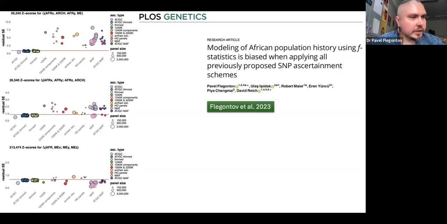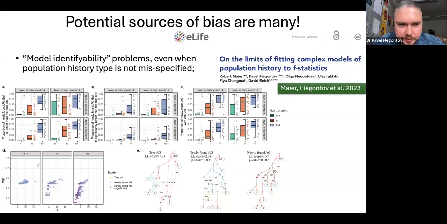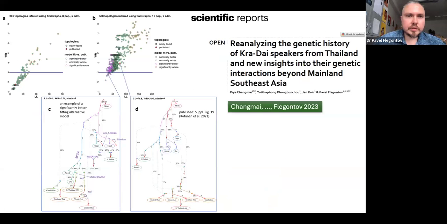So these results are yet unpublished, but I've been working quite a lot on this in recent years, and the main take-home message here is that hypothesis testing makes no sense when we reconstruct population history. It makes little sense because people often try to, let's say, compare models.